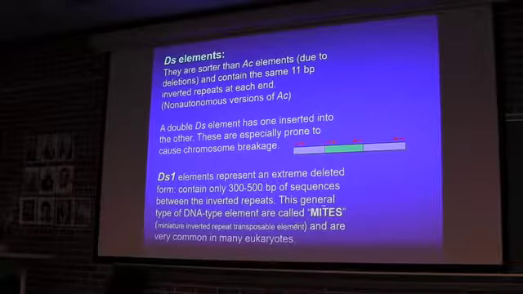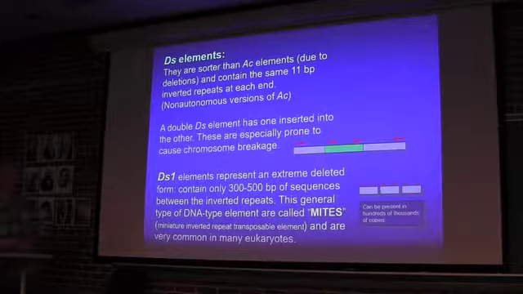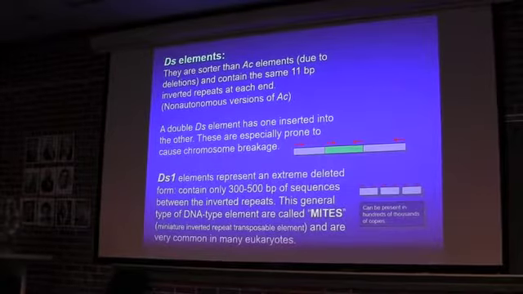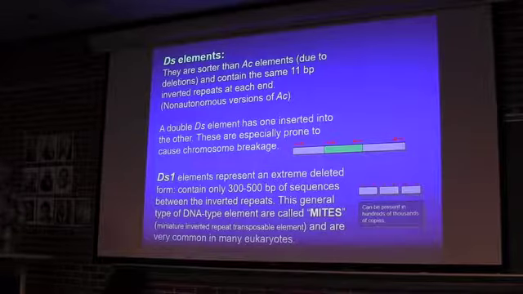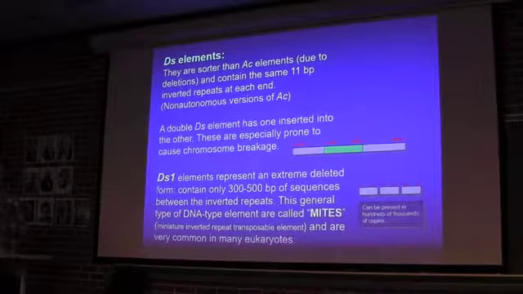It's not a specific family. These are very common in eukaryotes, including us. They can be present in hundreds of thousands of copies. What do they do? They make more copies of themselves.